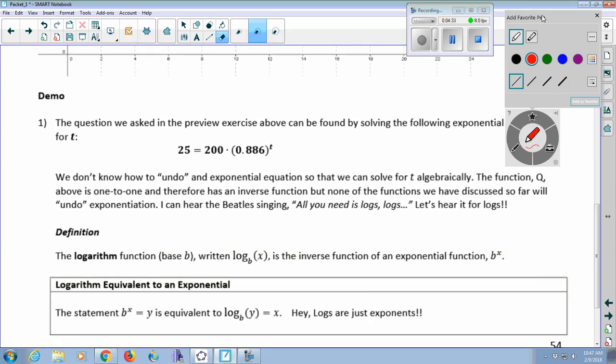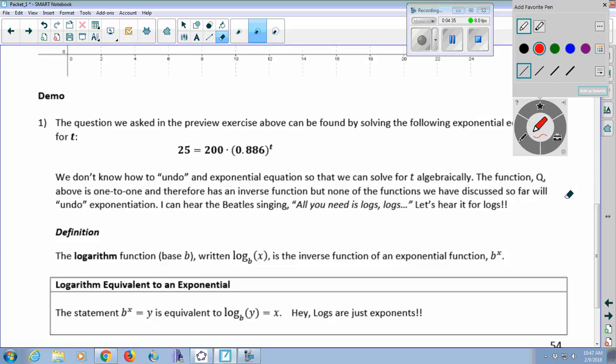So this question can be translated into this equation. If I had 200 micrograms that was decaying at this rate, I want to solve for t: how long will it take for it to reach 25 micrograms? We can't undo exponential equations right now, but we will in just a few minutes.